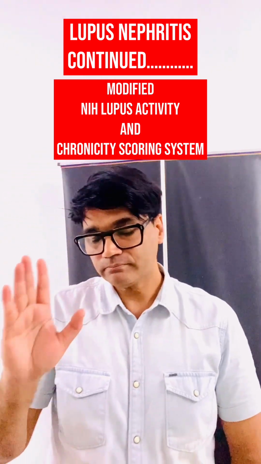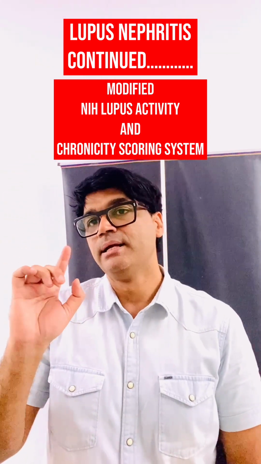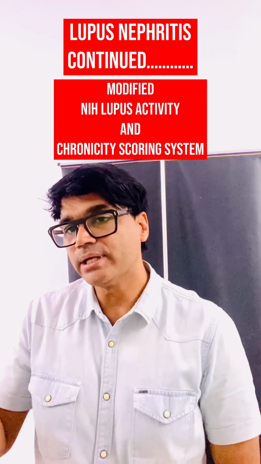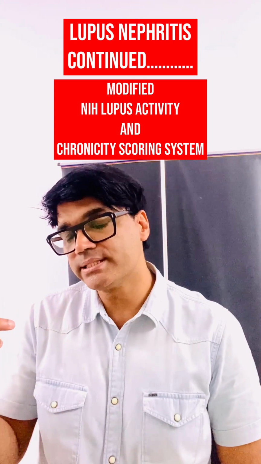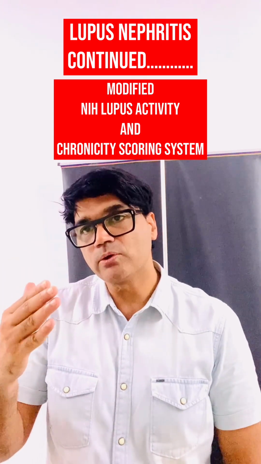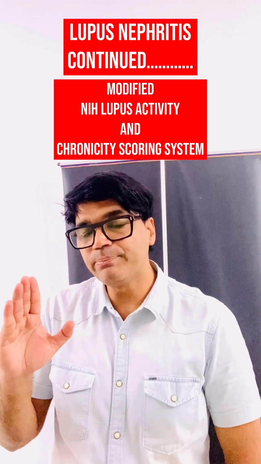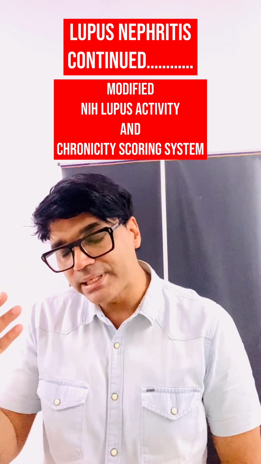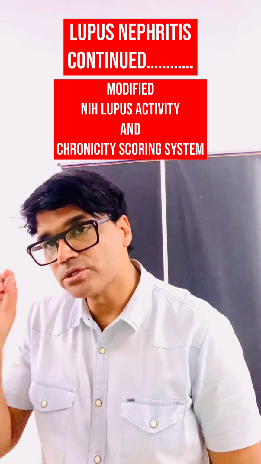Number one, if there is endocapillary hypercellularity, the score will be 0 to 3. If there is neutrophil karyorrhexis, the score will be 0 to 3. If there is fibrinoid necrosis, the score will be 0 to 3 times 2. If there are hyaline deposits, wire loop lesions or hyaline thrombi, the score will be 0 to 3.